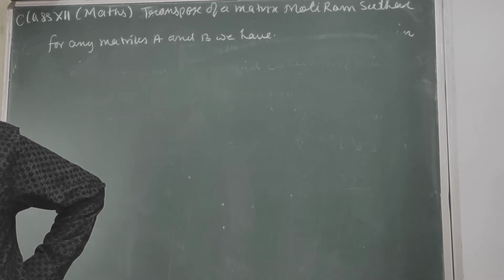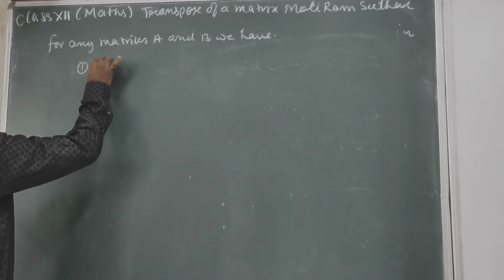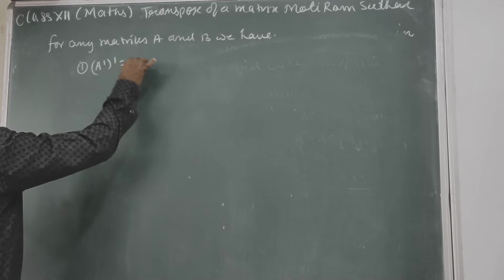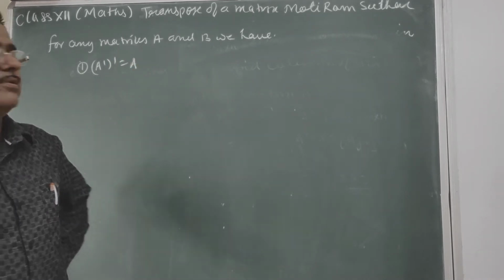First is the transpose of a transpose matrix: we get the same matrix again. The transpose of the transpose of matrix A is A.